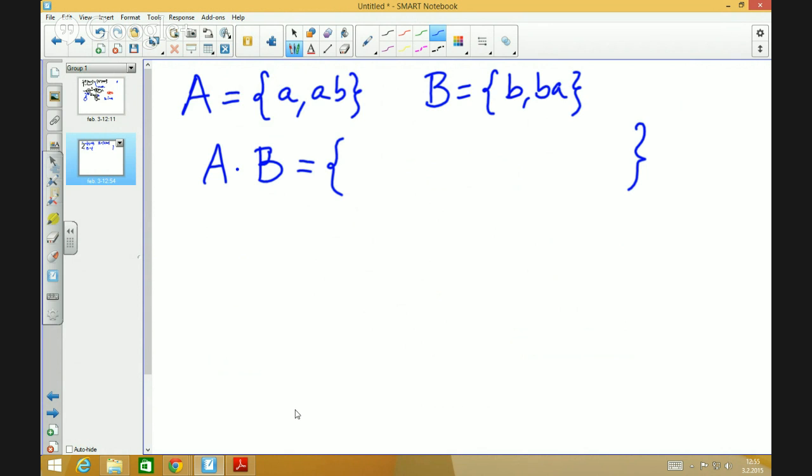So for instance, I can take the A from the first language and the B from the second language. I write A and then B, and I get AB. Well, I could also take A from the first language and BA from the second language. What do I get out of it? ABA.